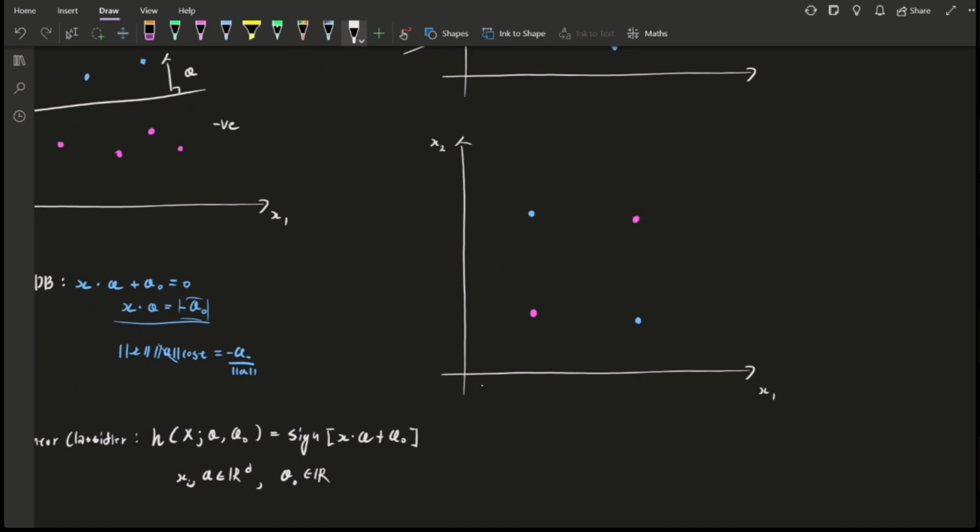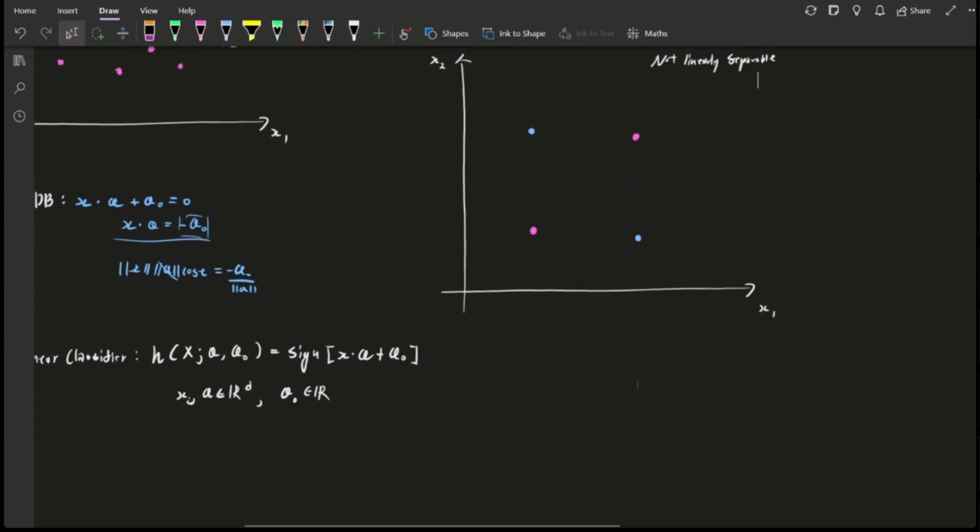And perhaps you have to use something like a non-linear line to actually draw a decision boundary that's able to separate this data set. So this is a case where your data set is just not linearly separable. And from this simple example, you'll see that a linear classifier is actually intrinsically constrained, because even though this example is so simple, it can no longer classify everything correctly.